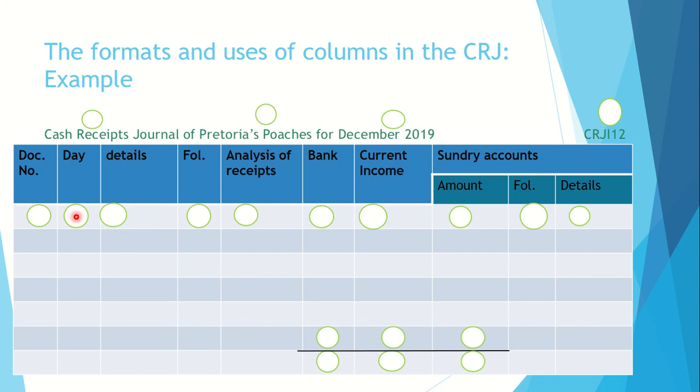And then here is the day in which the transaction took place. Then right here is the details that are written there on the receipt. What is that money for? Is it for sales? Is it for the service that we have done?